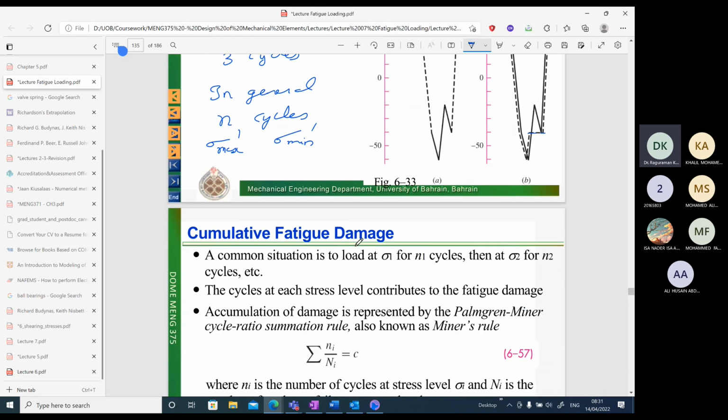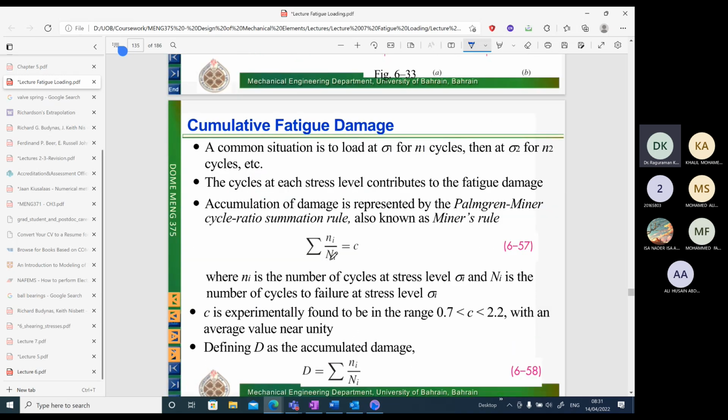Now for each cycle, I can figure out the number of cycles to failure, and this is going to be my capital N here.